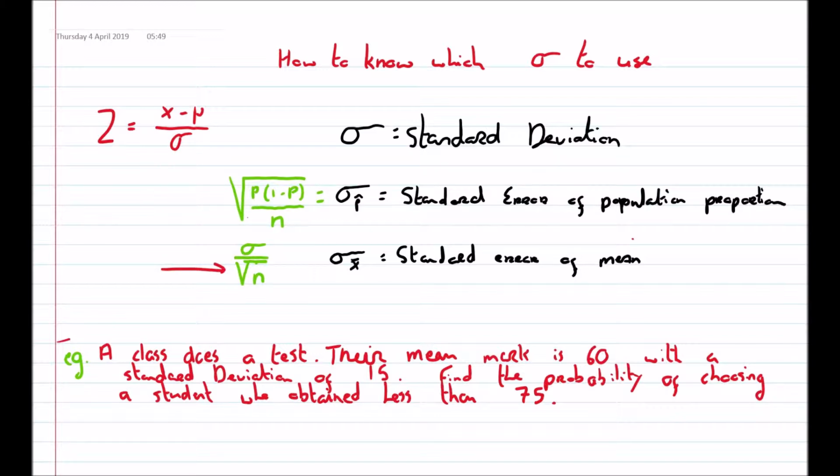And lastly then we have this one, and generally we use this and put that value in there if we are looking for, if we're comparing two means. Right? So again, if we're looking for z-scores in relation to just simple population ones, we put the standard deviation in there.